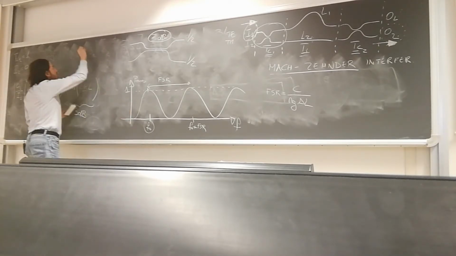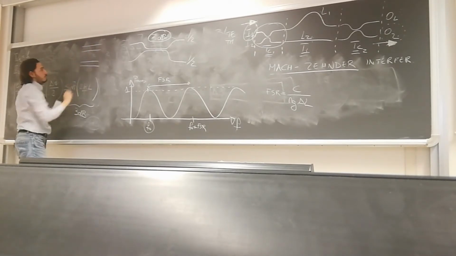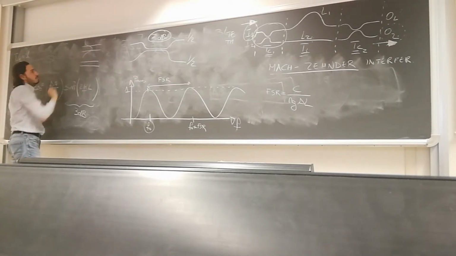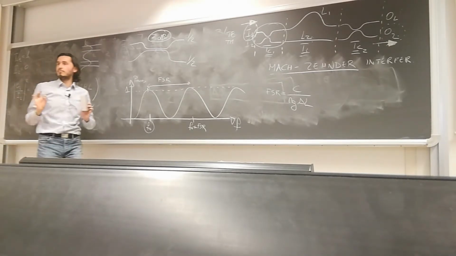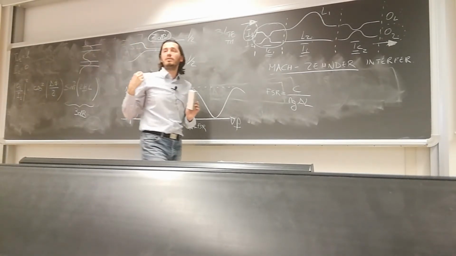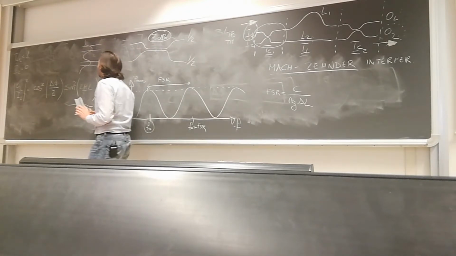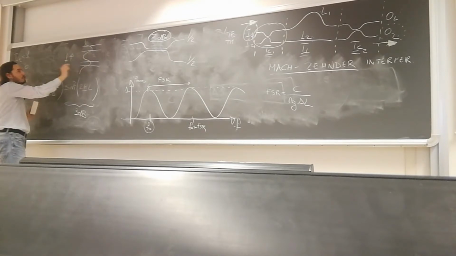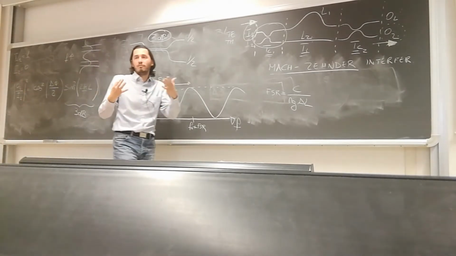Let's make a zoom. So this is my directional coupler, one waveguide, another waveguide. What happens here? I have the modes of this waveguide that partially overlap with the modes of this waveguide. Okay? This happens at one frequency. If I increase the frequency, how should I change this picture from a qualitative point of view?